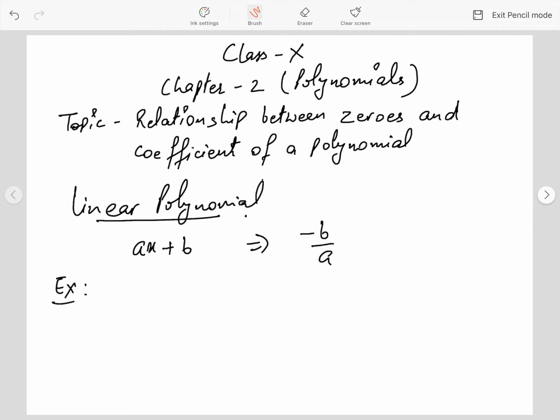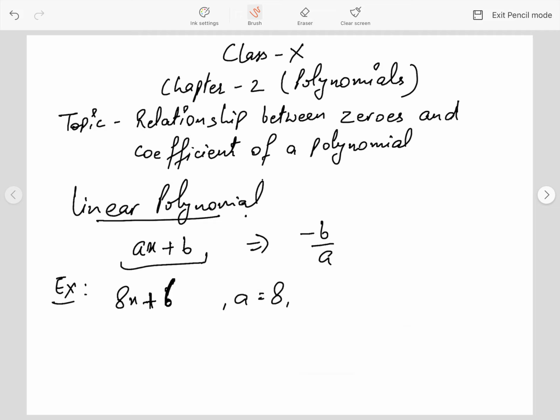Let us see an example: 8x plus 6. Now a is 8 and b is 6, according to the form which we have written above.